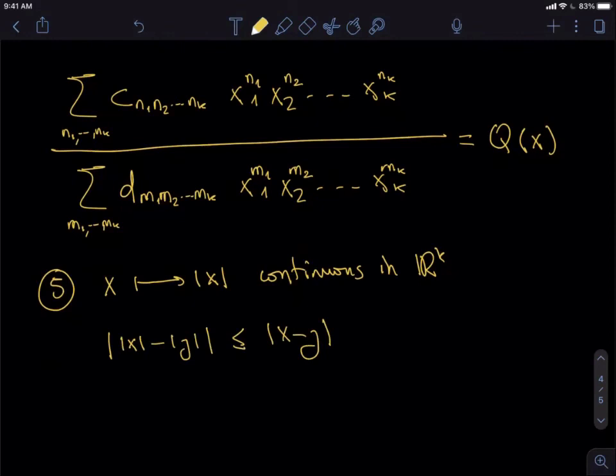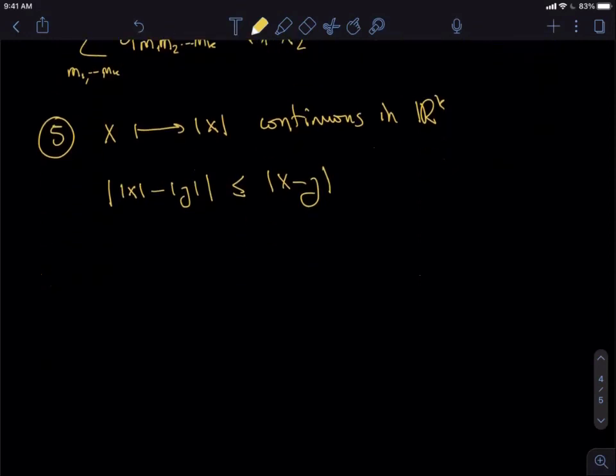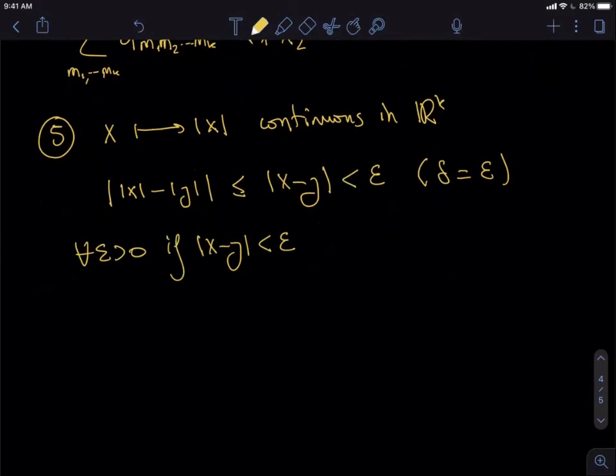This gives the continuity, because as long as the norm of x minus y is less than epsilon, here again we would be taking delta equal to epsilon. For every epsilon bigger than 0, if the norm of x minus y is less than epsilon, then the absolute value of the difference of the norms is less than epsilon too. So the function is continuous.